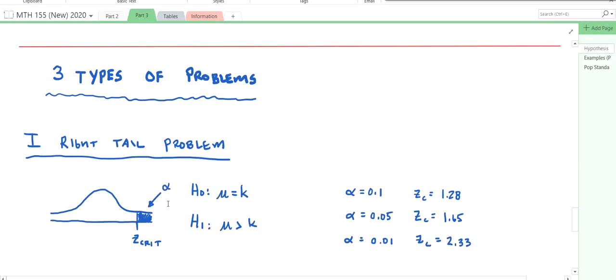What changes is the alternate hypothesis. Here our alternate hypothesis is that the mean is greater than k.